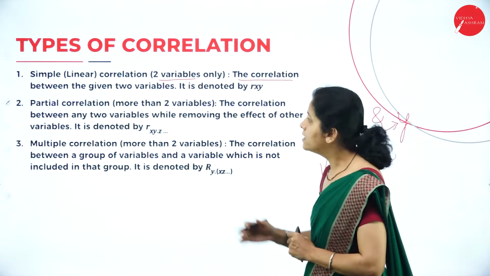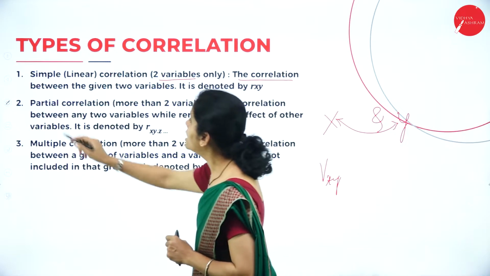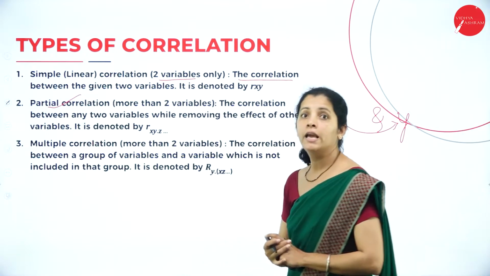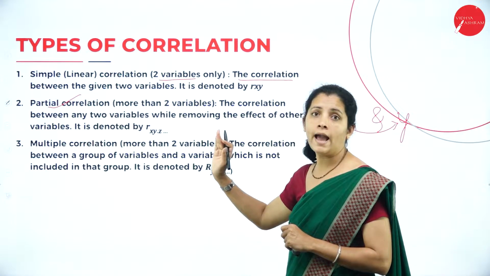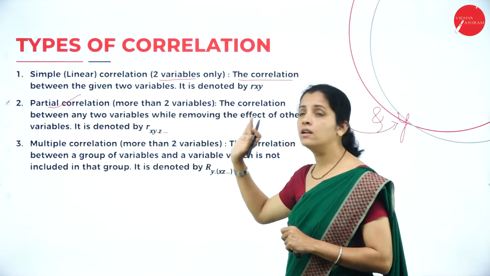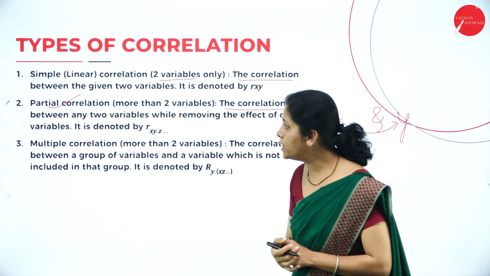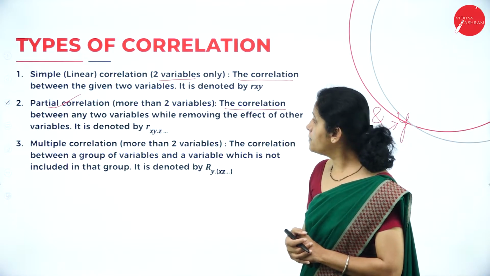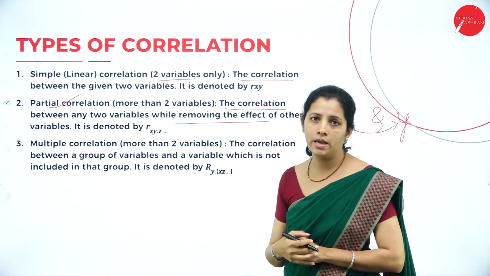Rxy. Fine. Now I'm going to have my second type, that is partial correlation. In partial correlation, I can have more than two variables. It is the correlationship between any two variables while removing the effect of another variable.